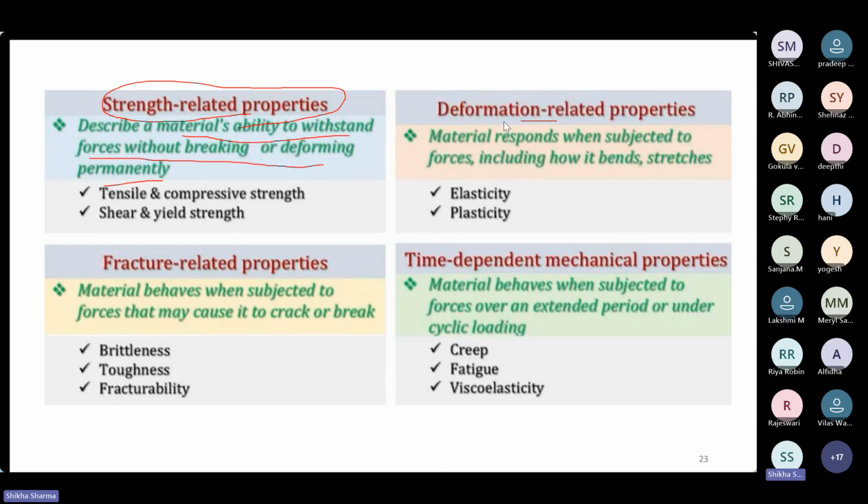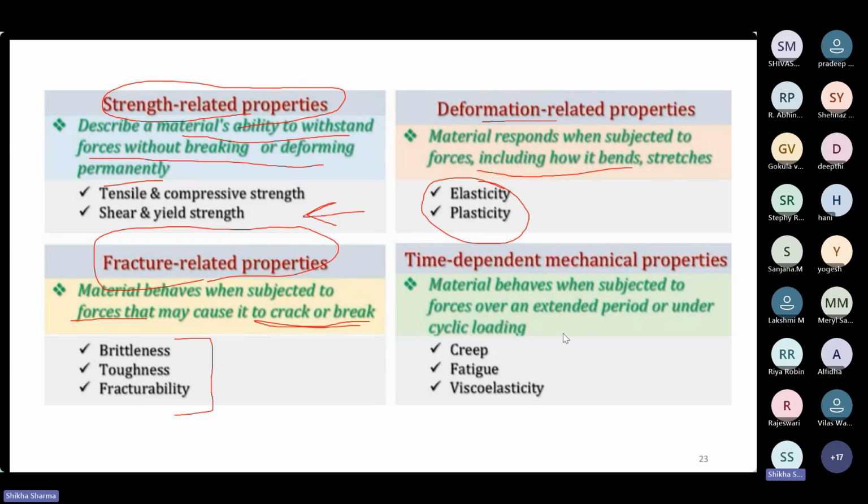Deformation properties tell how much it can stretch when we apply force, without breaking. Fracture-related properties tell how much it can withstand without cracking or breaking, like fracturability and brittleness. If we talk about deformation, it is like the elasticity of the material. If we talk about strength, it means tensile strength and compressive strength.